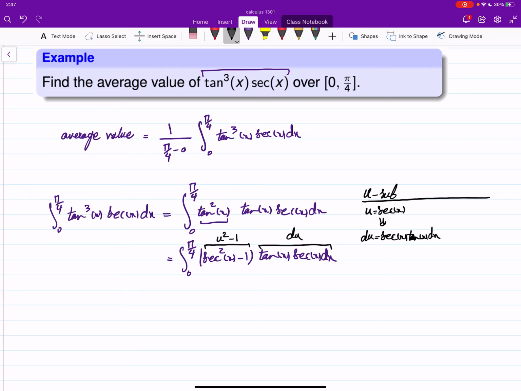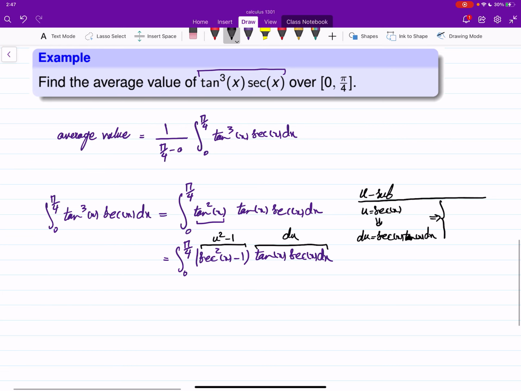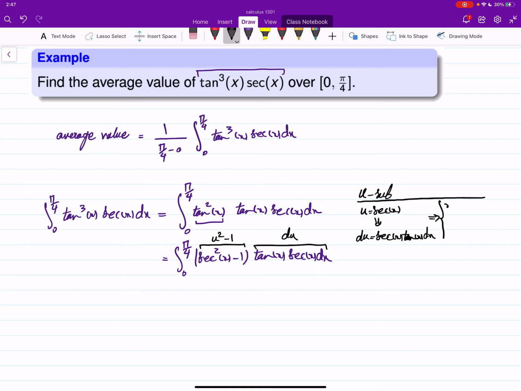But this is a definite integral. So when you apply u substitution to a definite integral, you have to apply the change of limits as well. So if x is 0, u is going to be secant 0.